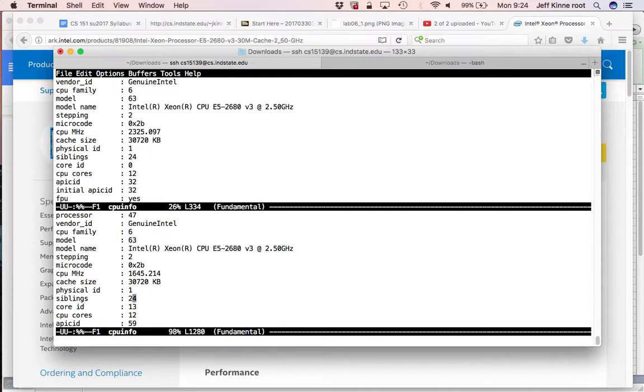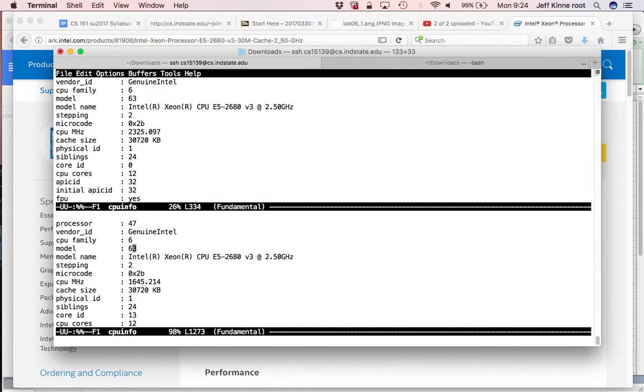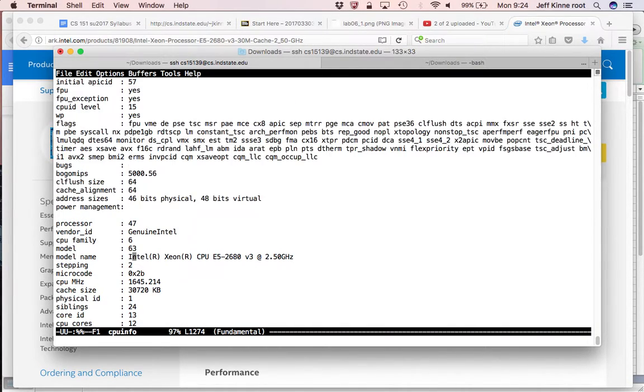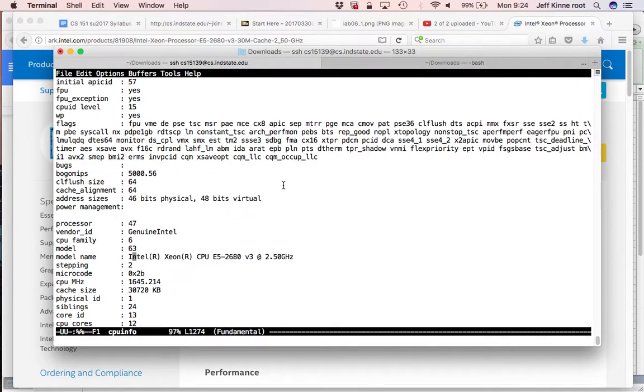And the other number there was core ID. So core ID 13. Well, let's just leave it at that. What we actually have in the system, and that you can get out of this information, is that we have two of these. The cpuinfo is actually showing 48 processors.